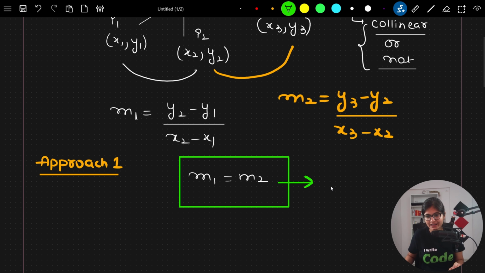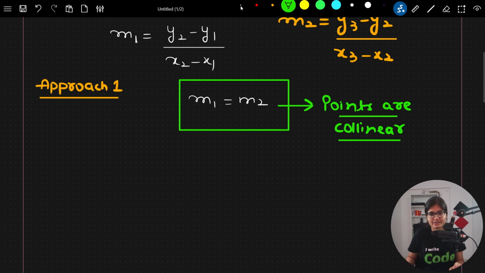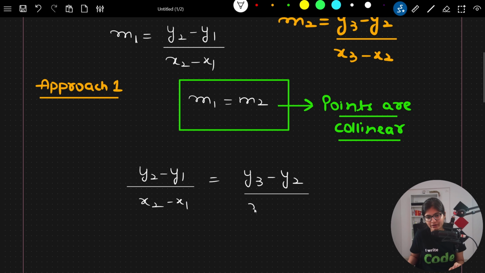If that is happening, you can say that the given points are collinear. And if they are not equal, they are obviously not collinear points. So the value of y2 minus y1 upon x2 minus x1 equals y3 minus y2 upon x3 minus x2.